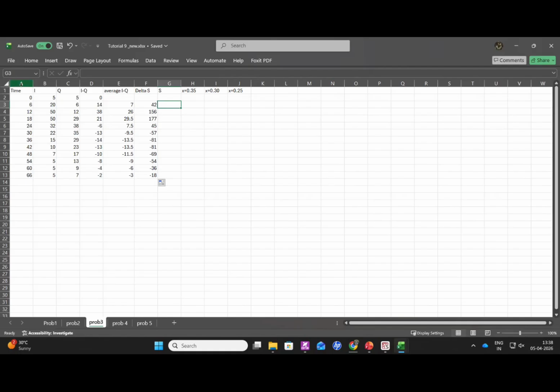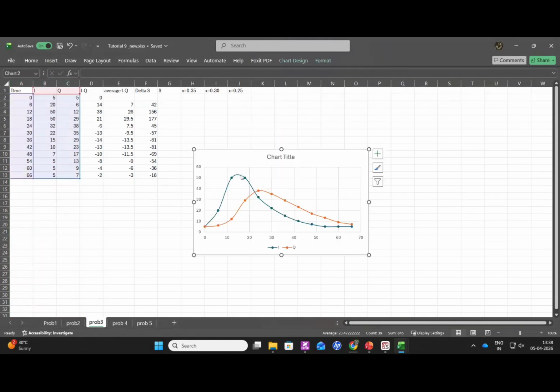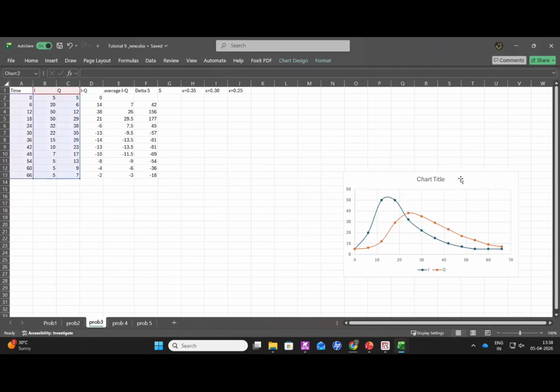So now let me first plot these three. This is your inflow. This is your outflow. This is your time step on the x-axis. You can plot this here.